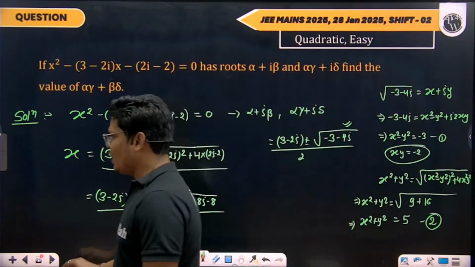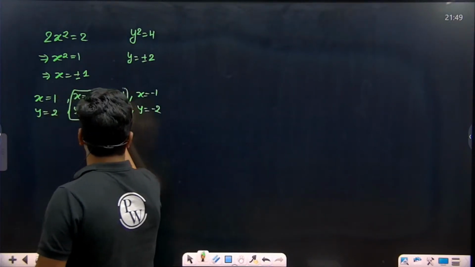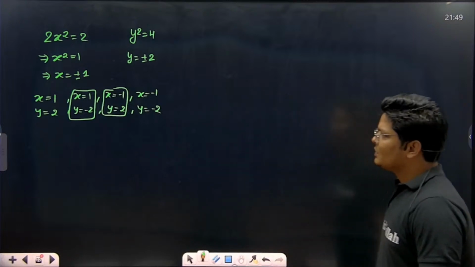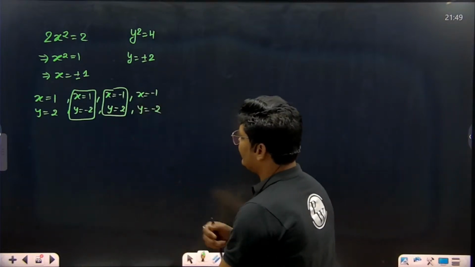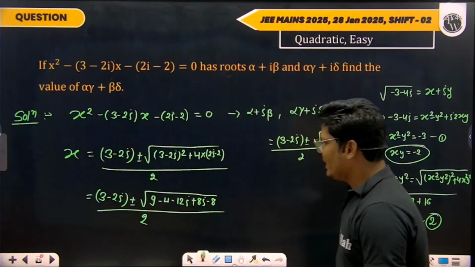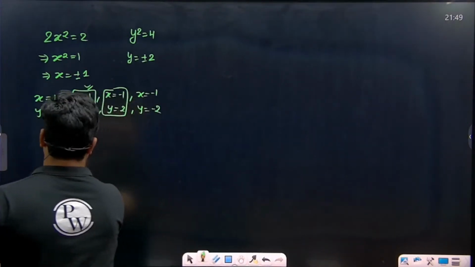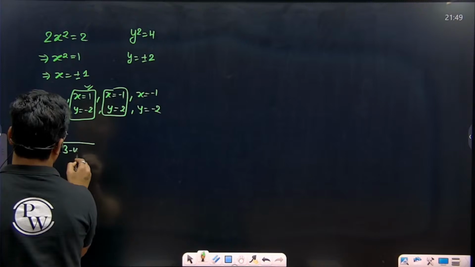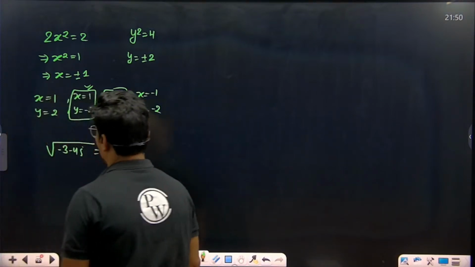So now the value of x, y will be either this pair or this pair. If I take this pair, we will get both the roots. So I am taking this value as the square root of minus 3 minus 4 iota as x minus 2 iota.